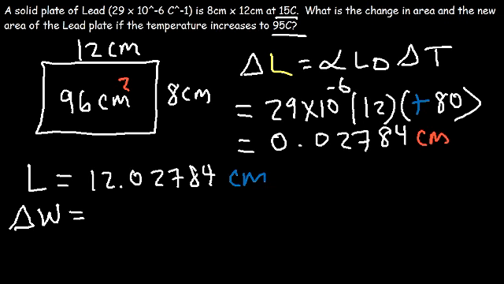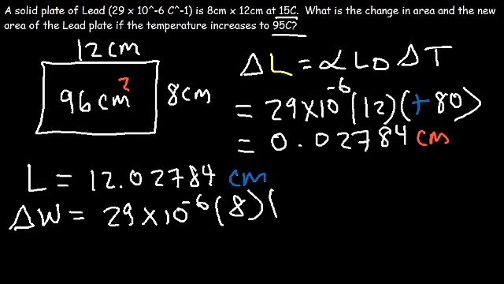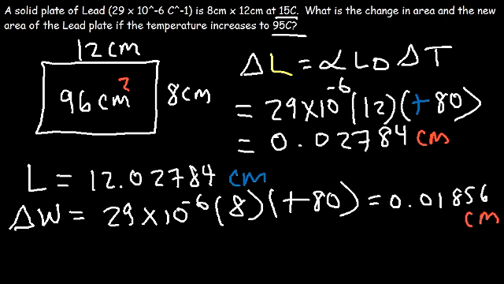So that's going to be alpha, which is 29 times 10 to the minus 6, times, instead of L0, it's going to be W0, which is 8, and the change in temperature is still positive 80. So this is equal to 0.01856 centimeters.